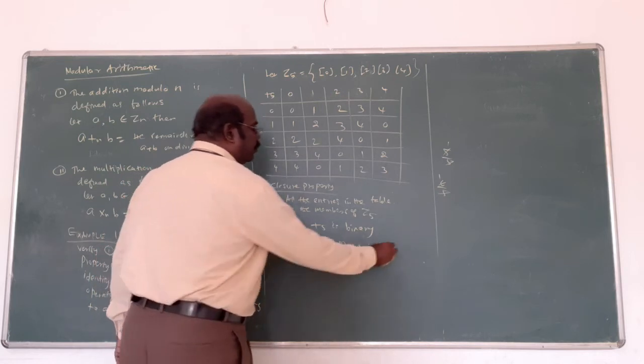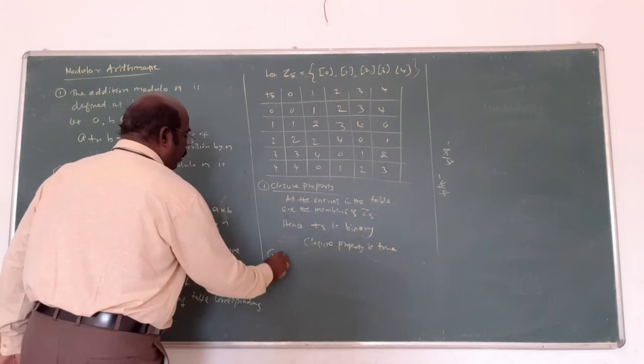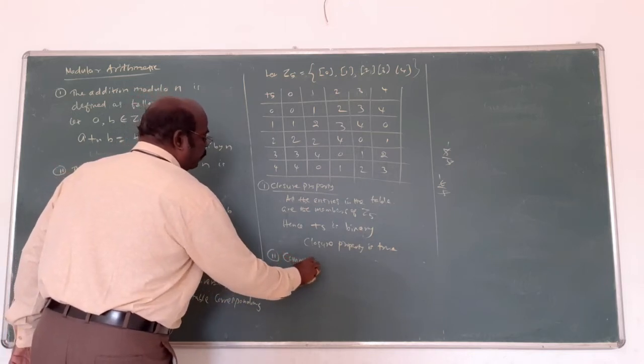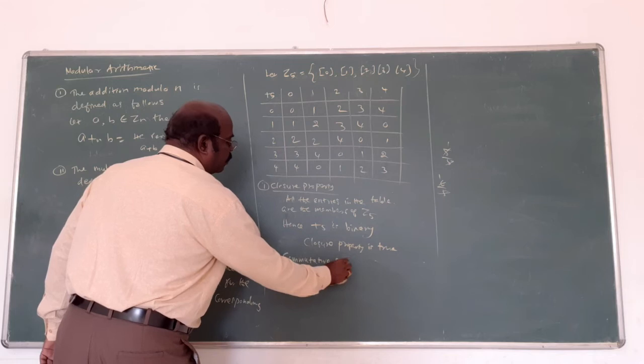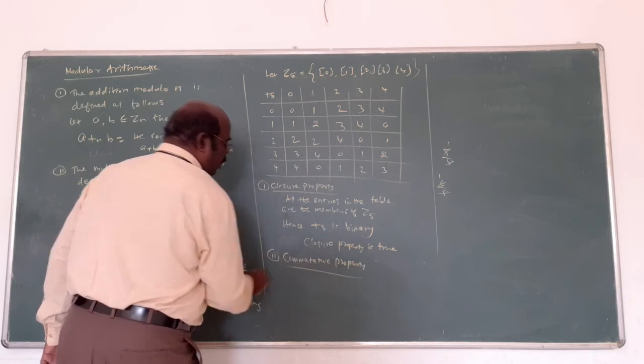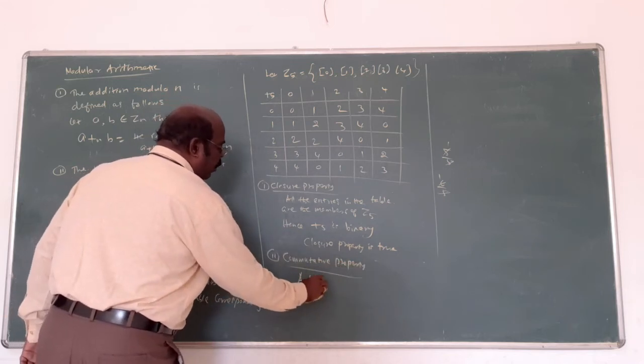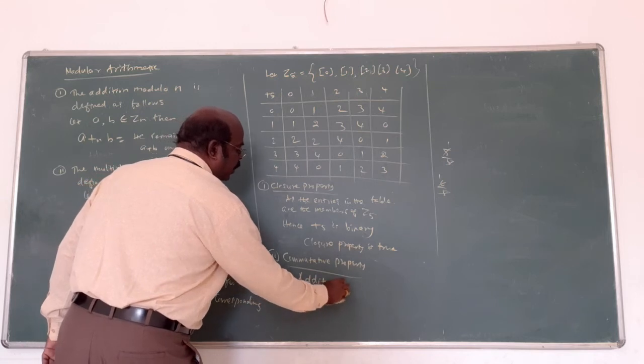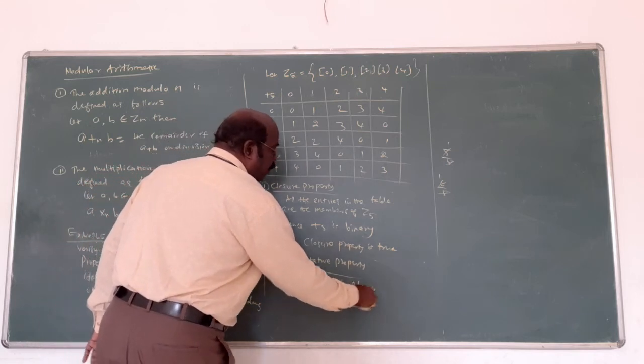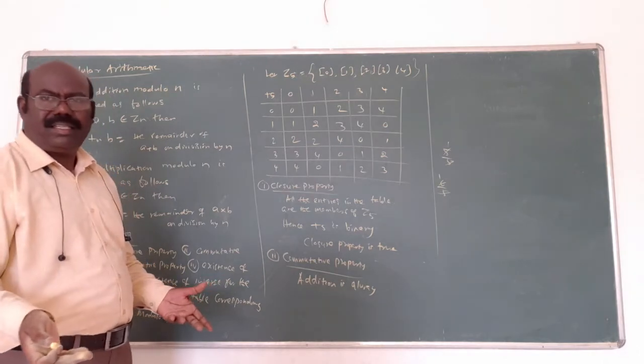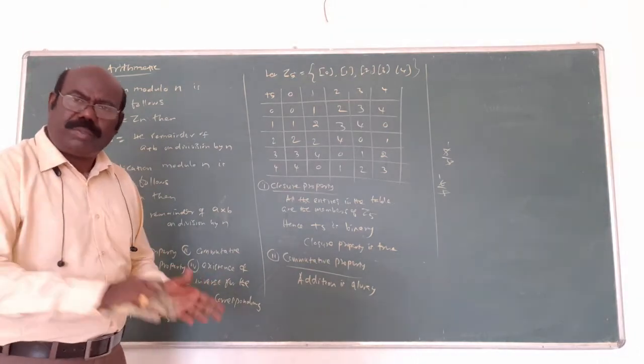Now the second one, commutative property. Here, addition is always commutative. Am I correct? 2 plus 1, 3. 1 plus 2, 3.